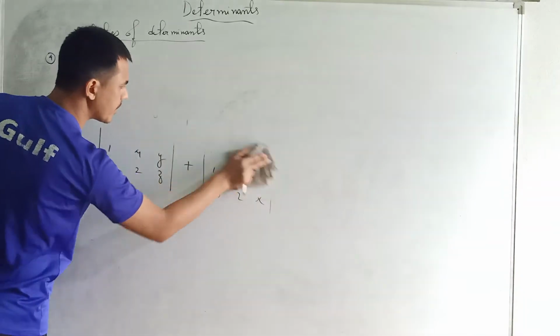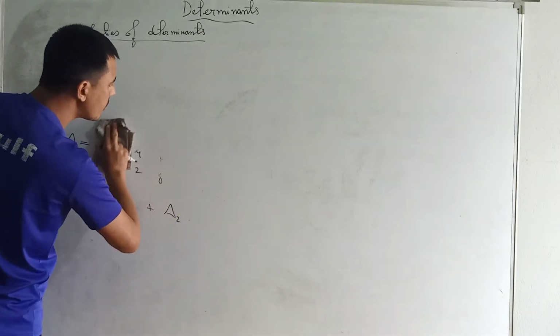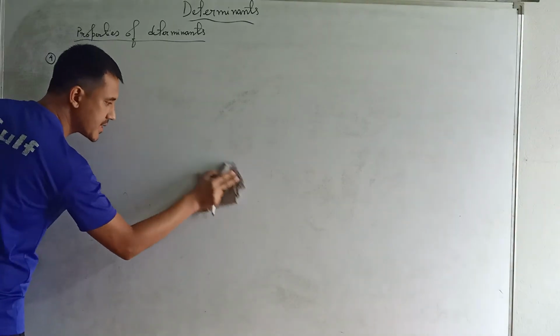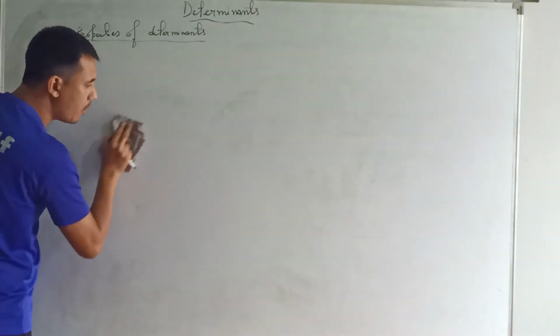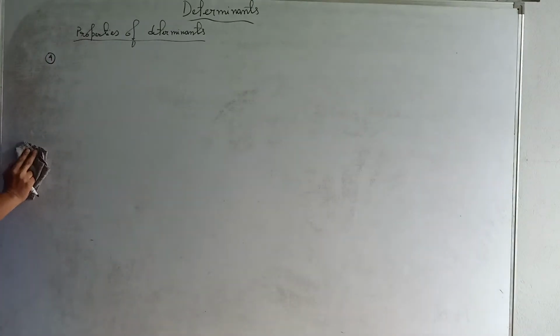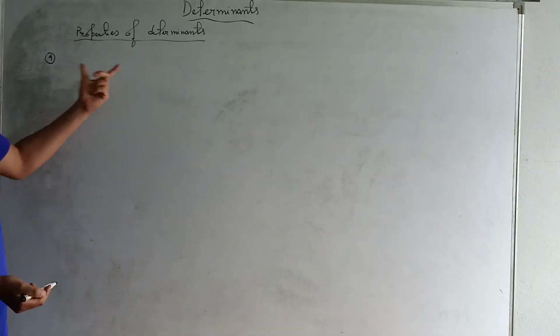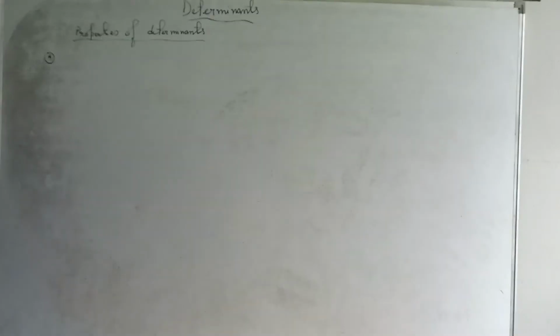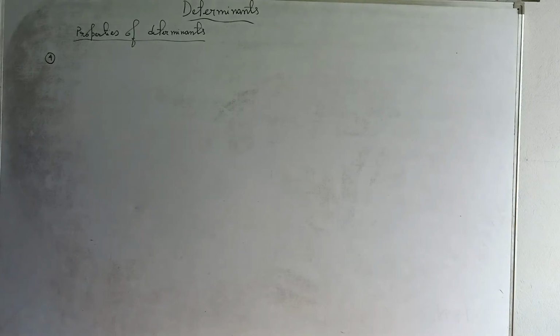The 5th property: if you multiply any row or any column by a scalar, then the whole determinant has to be multiplied by that scalar. Multiply a row by a scalar, then the whole determinant has to be multiplied by the scalar. Is it okay?